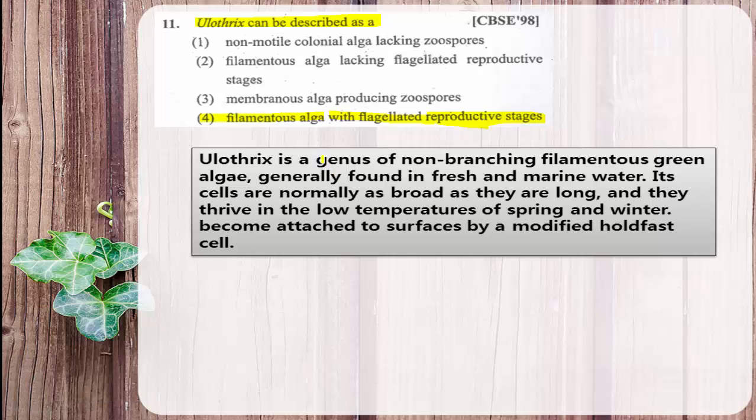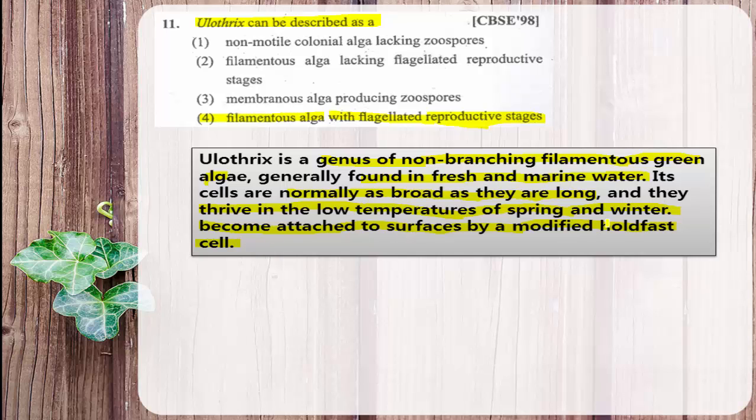Ulothrix is a genus of non-branching filamentous green algae. It is found in fresh water as well as marine water. Its cells are normally as broad as they are long, and they thrive, meaning they can survive, in the low temperature of spring and winter, becoming attached to the surface with the help of a modified holdfast cell.